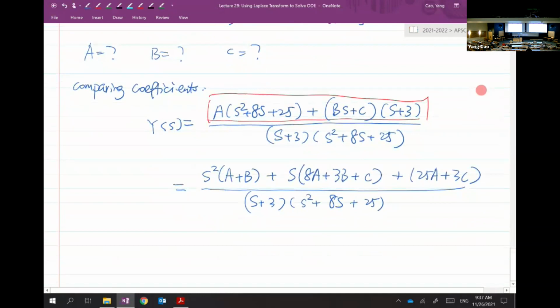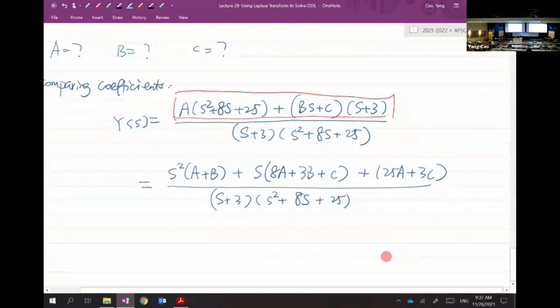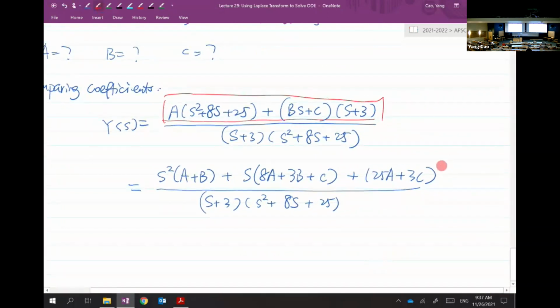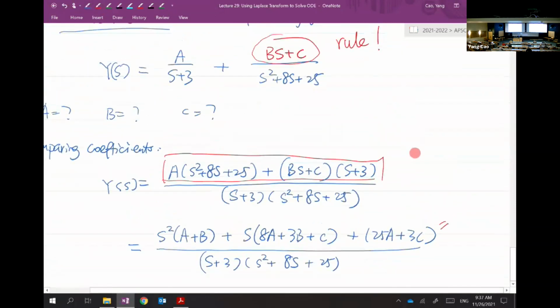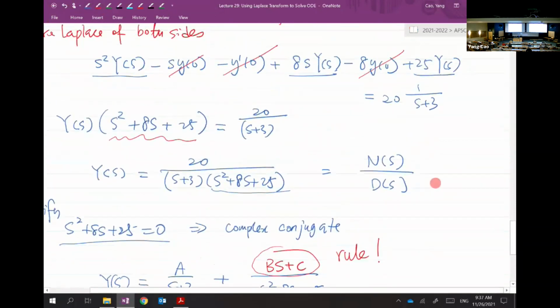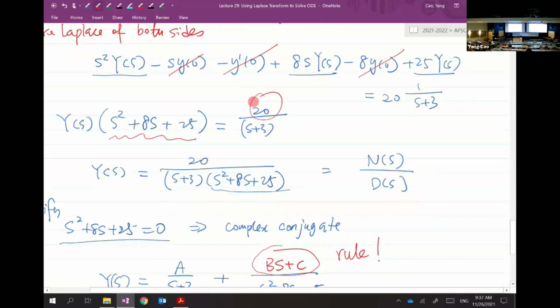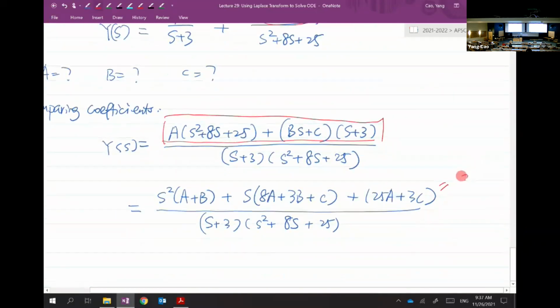Okay, right. So that's once you put it back, calculate carefully, and you get the y of s in terms of all the unknown constants a, b, c. Okay, so now you compare coefficients, right? What are we comparing? What's the original coefficient? 20. So you compare basically with 20.